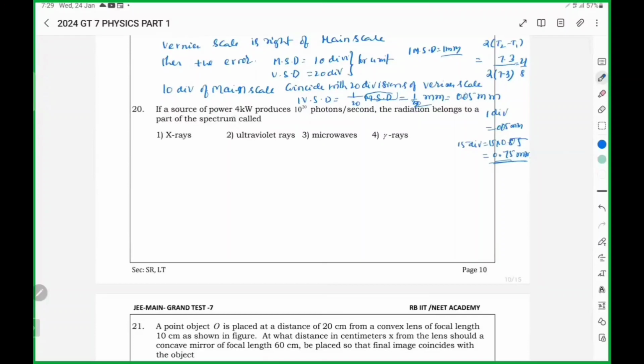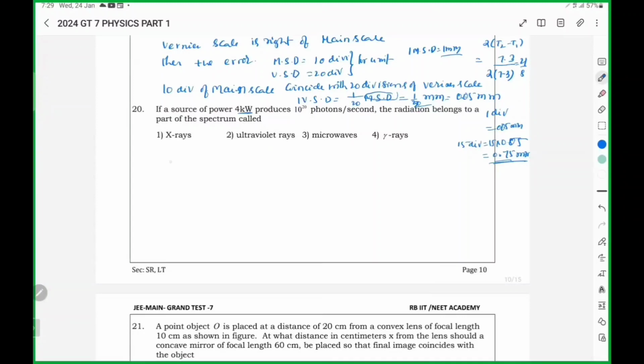If a source of 4 kilowatt produces 10 power 20 photons per second. So to decide which region the radiation belongs to, we have to find either wavelength or frequency.